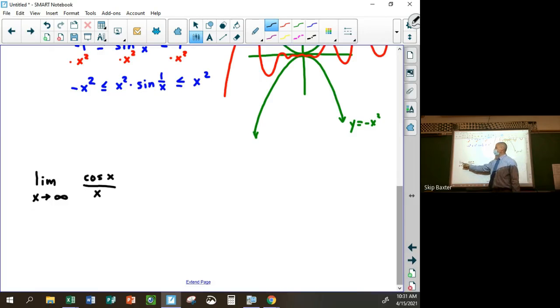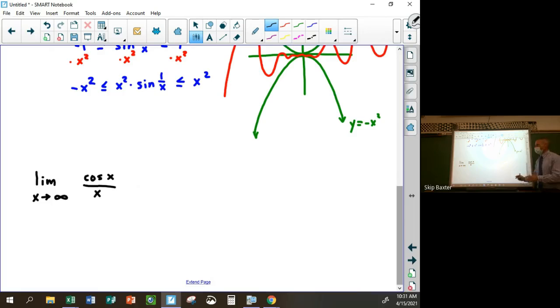And that rule says if you take the limit as x goes to 0 of sine x over x, you get 1, right? That's the rule. But this isn't exactly that, right? So those special trig limits that we talked about aren't helpful here for 2 reasons. First of all, it's a cosine and not a sine. And secondly, it's going to infinity and not to 0. So it's not really helpful, okay?